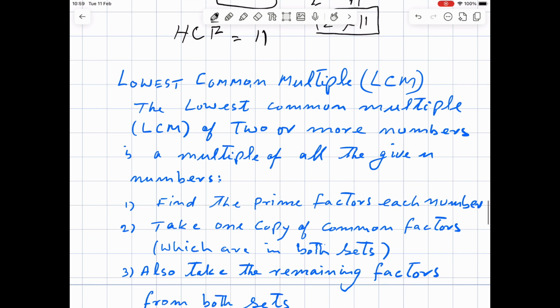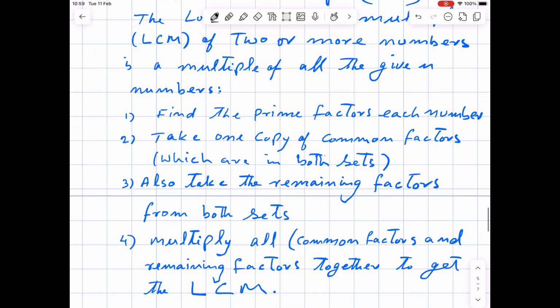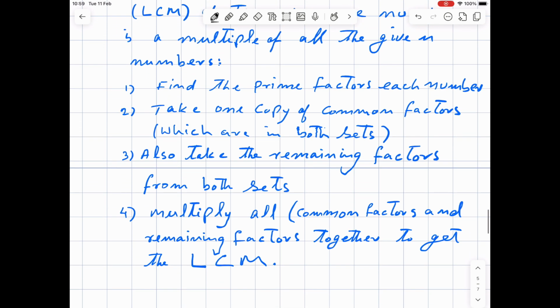Let's look at the common multiples. Lowest common multiple, LCM. The lowest common multiple of 2 or more numbers is a multiple of all the given numbers. Find the prime factors of each number. Take one copy of the common factors, which are in both, as we did in the HCF.